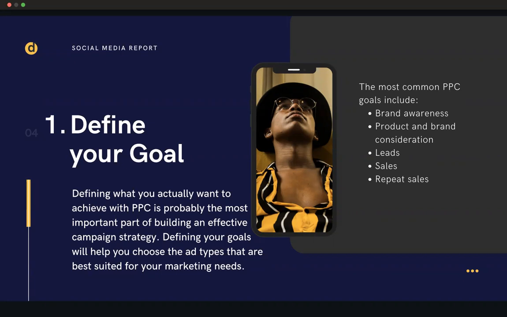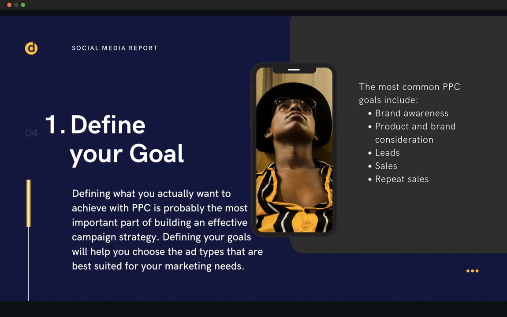You want to run ads and you just put the ads there. You don't know what you want to achieve. Do you want to make sales? Do you want people to know about your brand? How much sales do you even want to make? All of these questions determine the structure of your campaign. Defining your goals will help you choose the ad type that is best suited for your marketing needs.